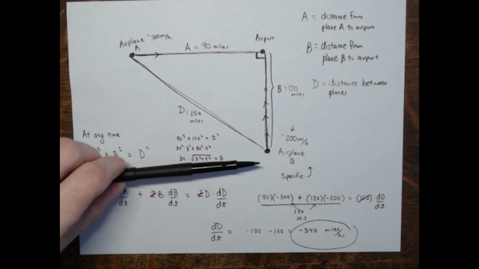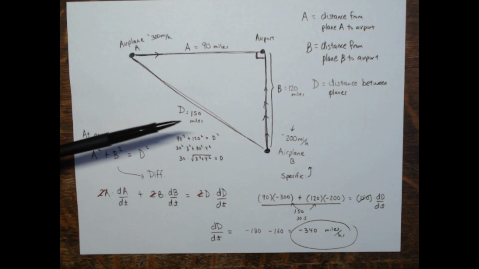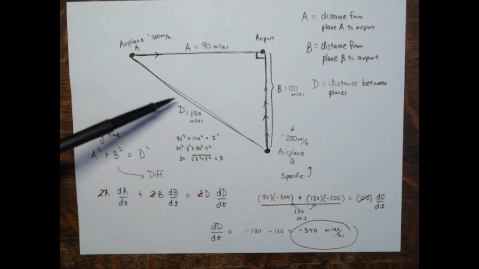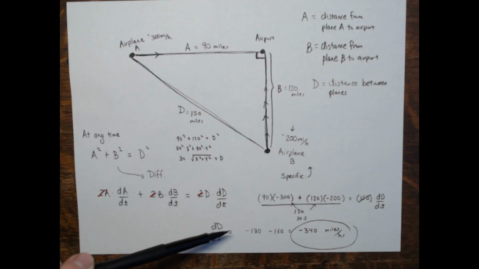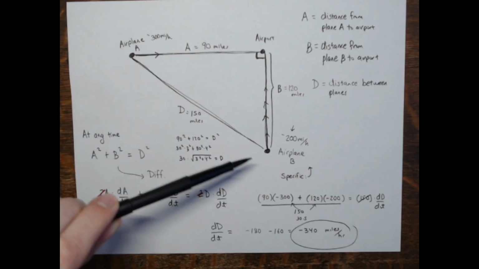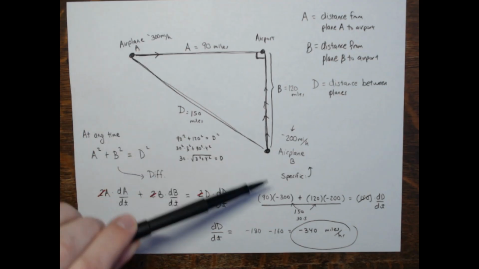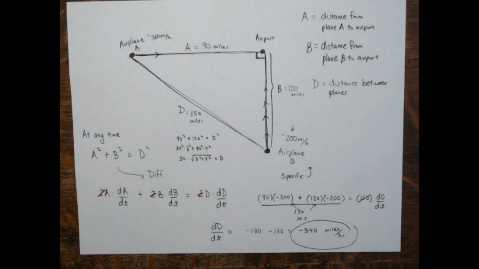So at this particular moment, the speed at which they're getting closer together, the speed at which the distance between the two planes is changing, is 340 miles per hour.